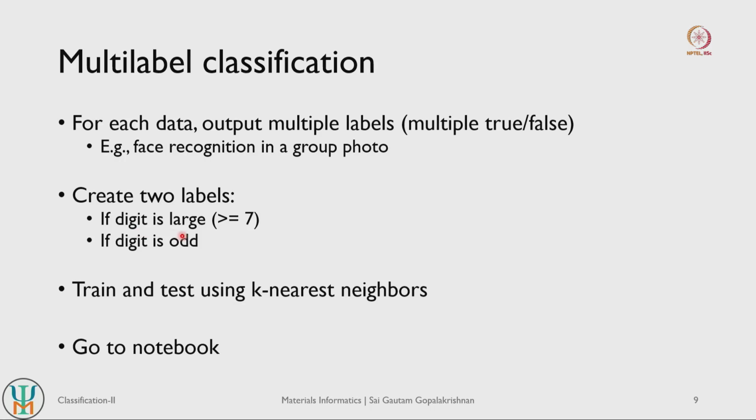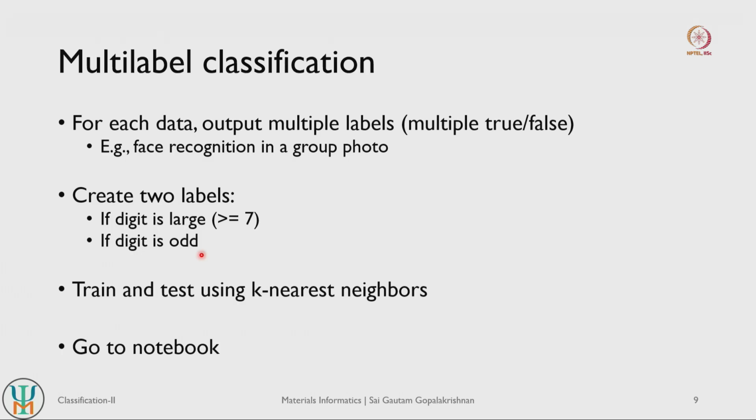In our data set we are going to create 2 labels. One is whether a digit is large or not, so whether or not it is greater than 7, and the other is whether the digit is odd. For each image, instead of making just one prediction of whether it is 0 to 9, we are going to make 2 predictions, so 2 labels, 2 targets.